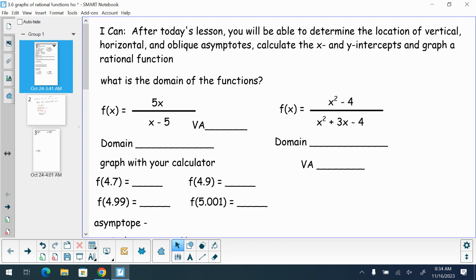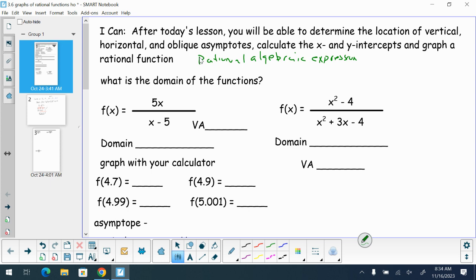If we take a look at a rational expression, when we talk about a rational function, a rational algebraic expression, a rational expression is, you could say, a fraction.